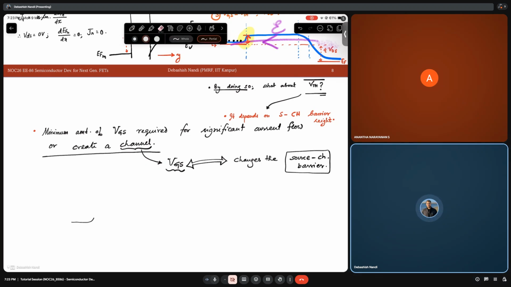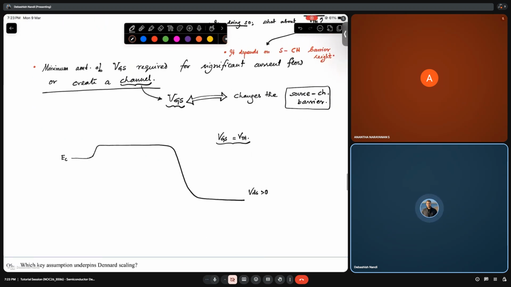Okay, now let me just draw a zoomed version. So this is your case, right? VDS greater than 0. This is my EC, and VGS is equal to VTH. Fine.